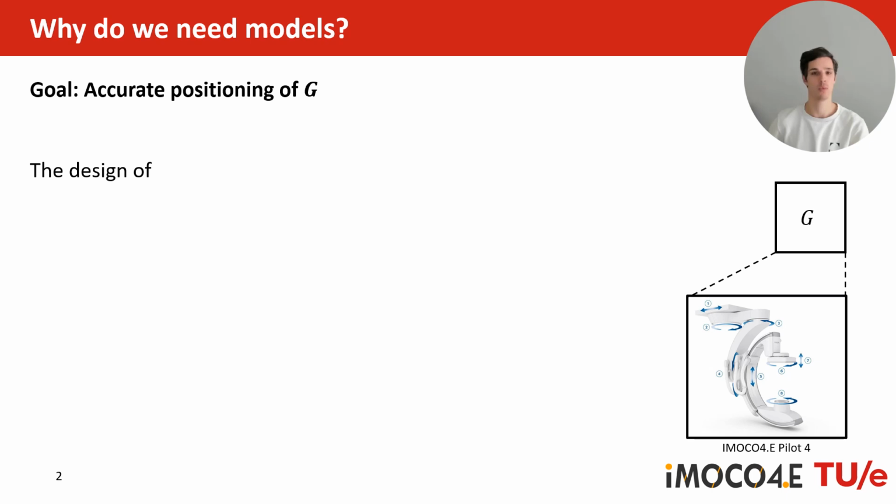So to start, why do we actually need a model? Typically in motion control, the challenge is to position our system G, or our plant G, accurately. For example, consider Pilot 4 of Imoco.